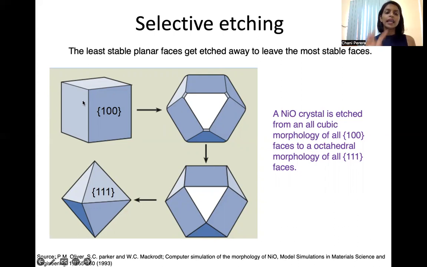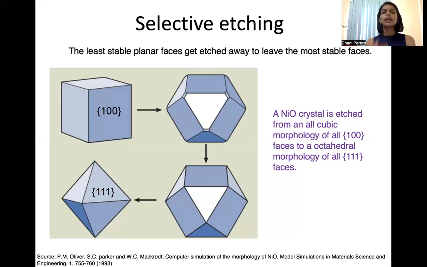Because when we perform that selective etching, the first configuration was not that stable, it has more excess surface energy, so it removes it and comes to a very stable morphology. So the least stable planar faces get etched away to leave the most stable faces.